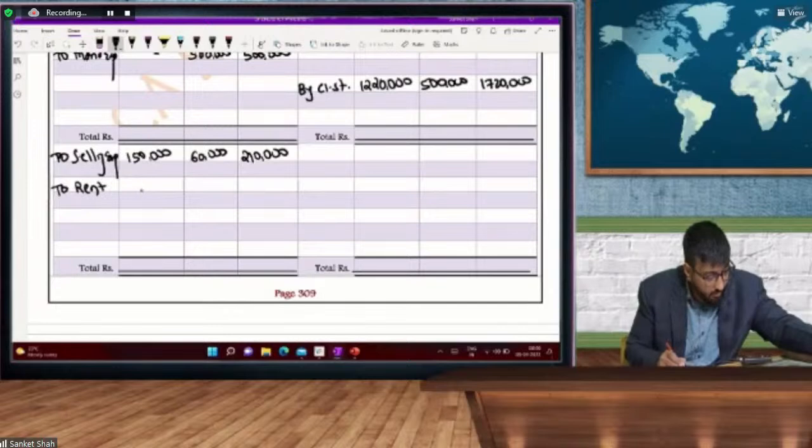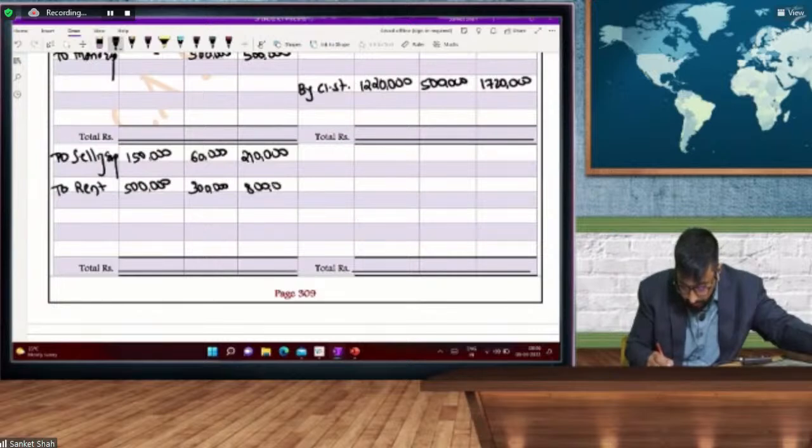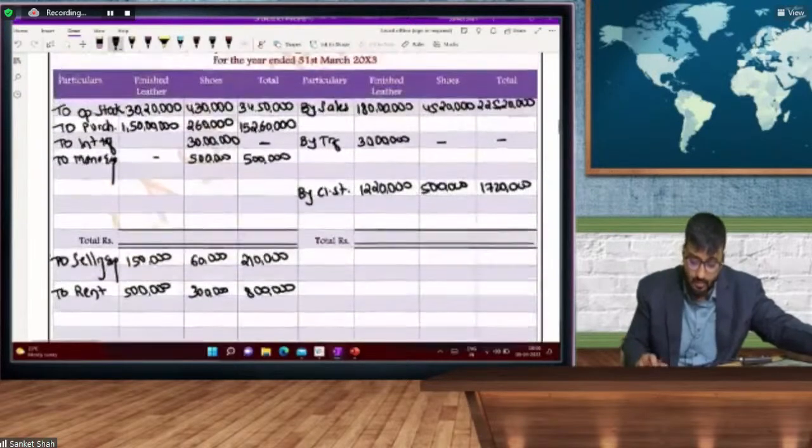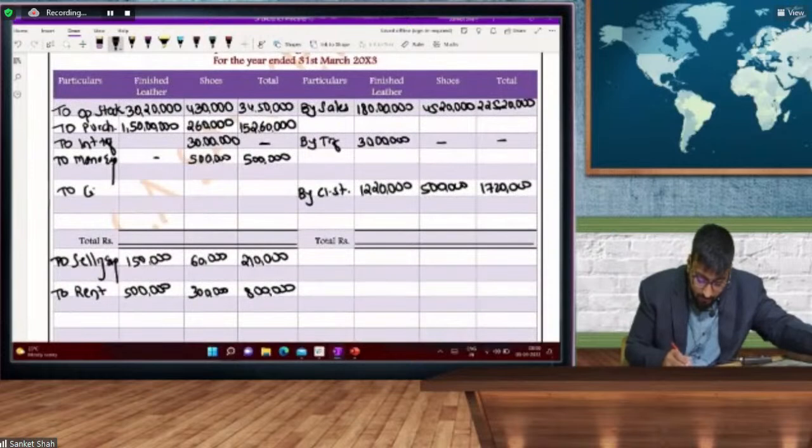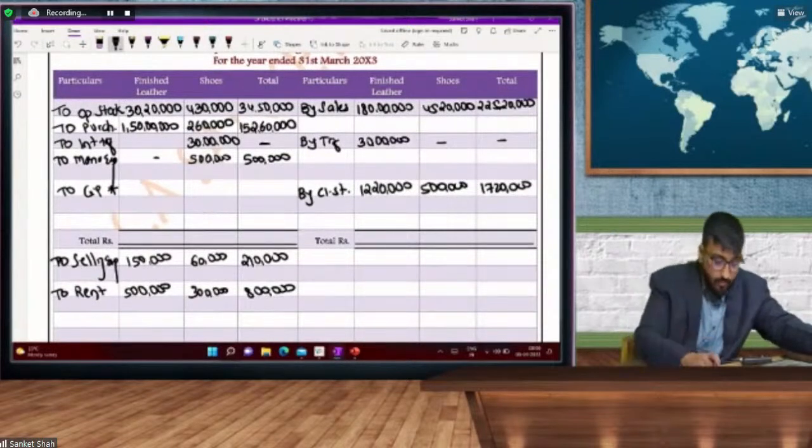And what about rent? 5 lakhs, 3 lakhs, 8 lakhs. So what about GP, beta? Take a total: 18,000, 3,000.